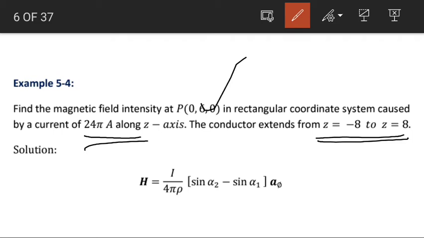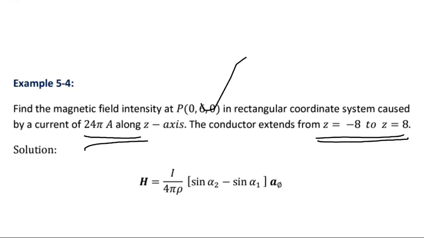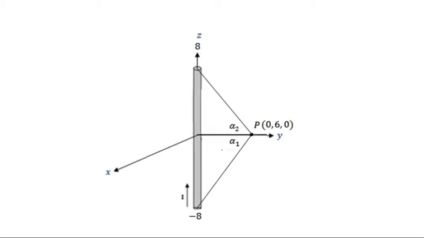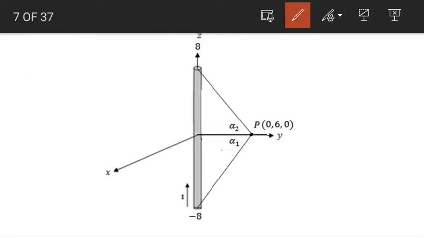So let us consider the current carrying conductor. Here is the current carrying conductor. The conductor is extending from Z is equal to minus 8 to Z is equal to 8. Here is the point under observation. So definitely rho, which is the radial distance between the axis of the conductor and the point under observation, is 6 meter. Rho will be 6.